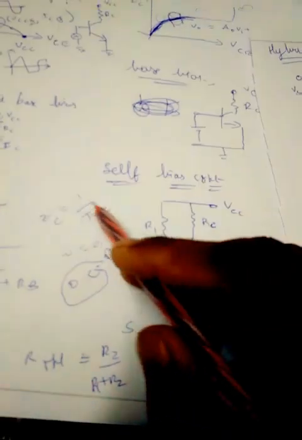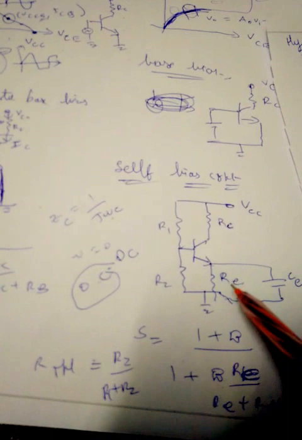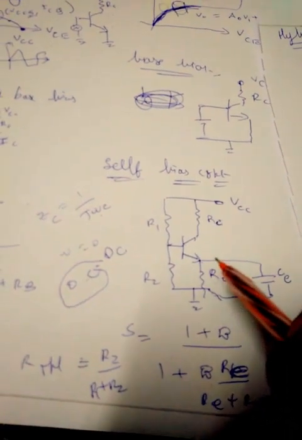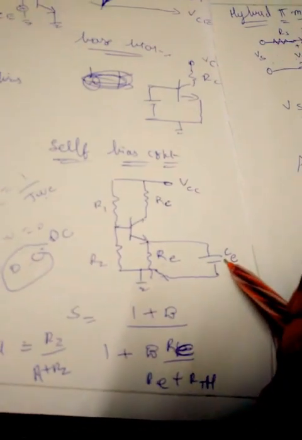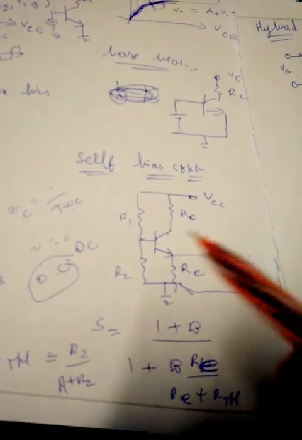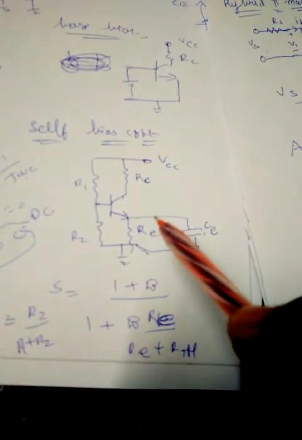The capacitor value C is selected in such a way that the impedance offered by R_E is very much greater than the impedance offered by C_E for an AC signal. So for this same circuit, when I apply an AC signal, it will look like this.